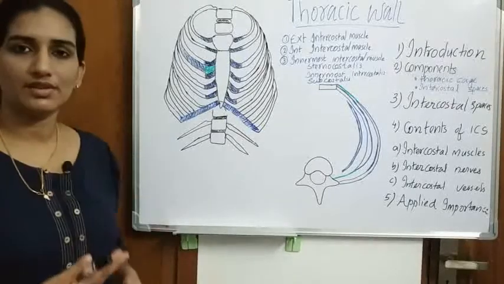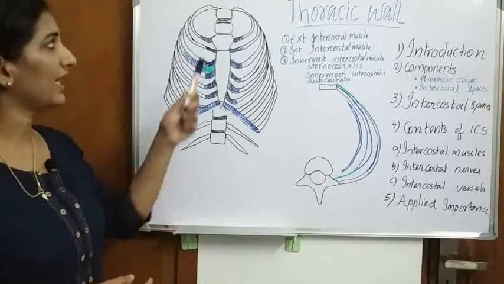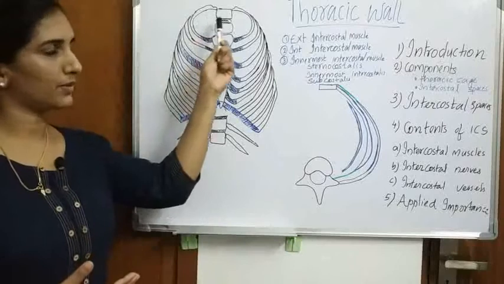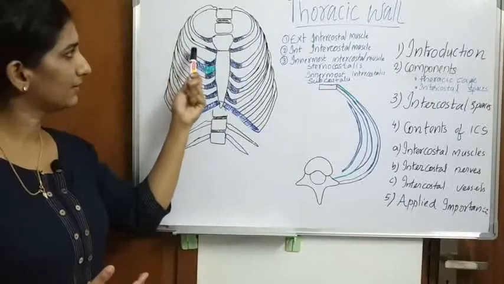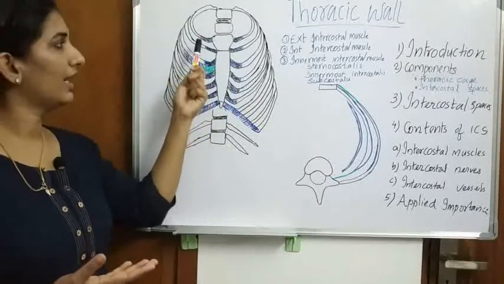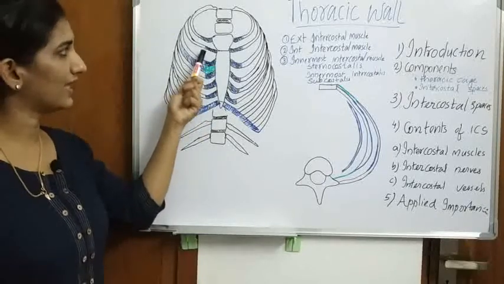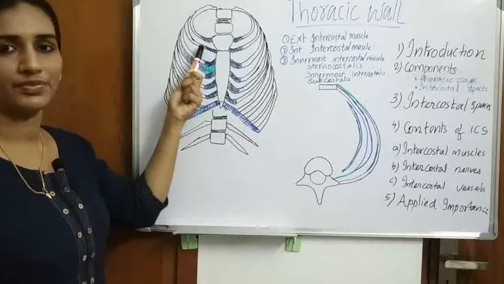These intercostal spaces are very narrow towards the vertebral side, or the posterior aspect, and they become broader at their sternal ends, and their maximum width is present at the costochondral junction.